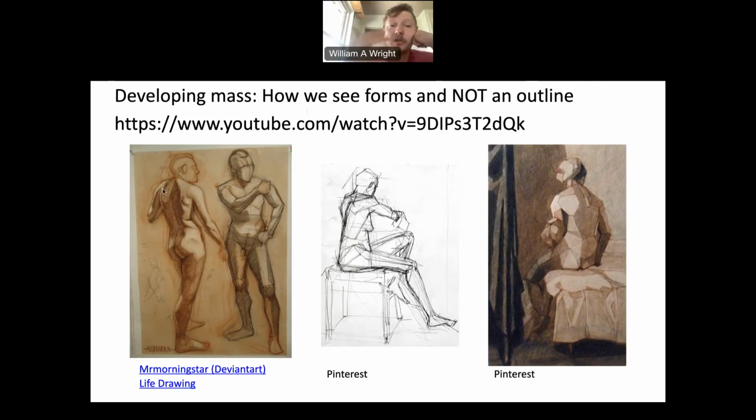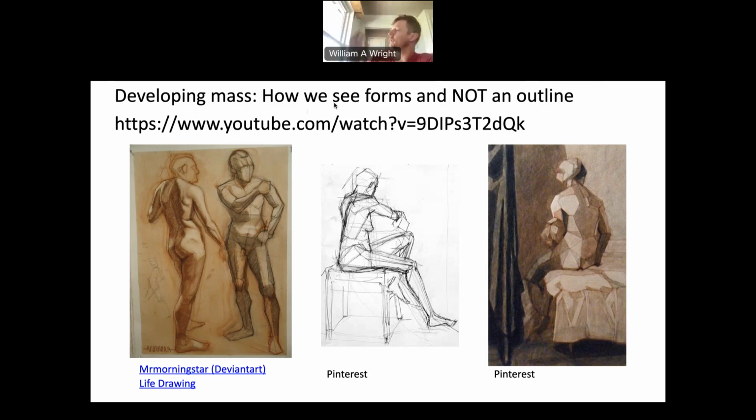The other thing that you need to know to develop mass, and this is part of value, is that we see forms without lines around them. That's very important for the human figure. If I hold my hand up here and you can see it, or you hold your hand up in front of you, there is not a big dark line around it.